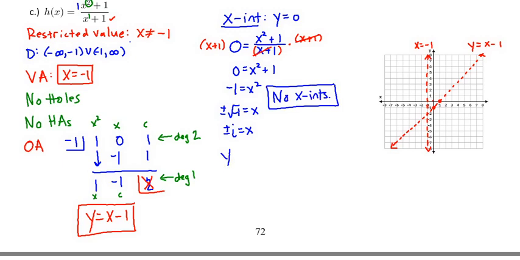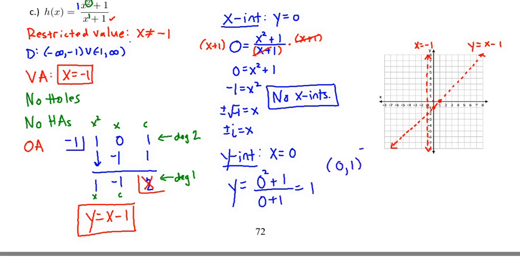Let's see if there's a y-intercept. The plan for finding a y-intercept always is to set x equal to 0. So if we replace all the x's in the original equation with zeros and simplify, we end up with 1 over 1 or 1. So we do have a y-intercept at ordered pair (0, 1). So we'll go ahead and plot that.